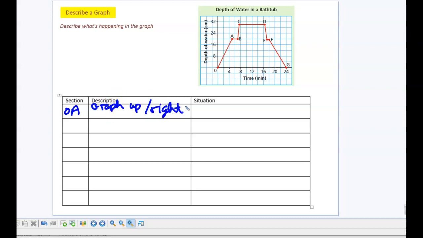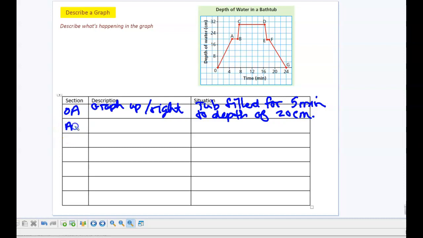So it looks like it was about 5 minutes. So the tub filled for 5 minutes to a depth of 20 centimeters.